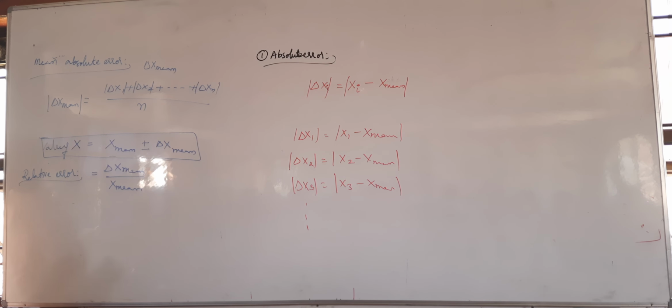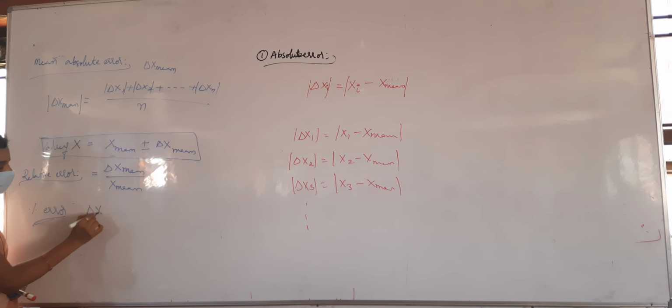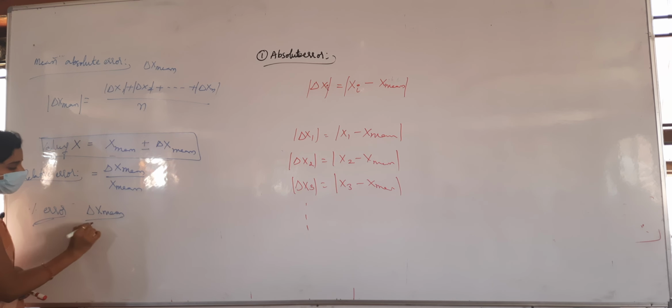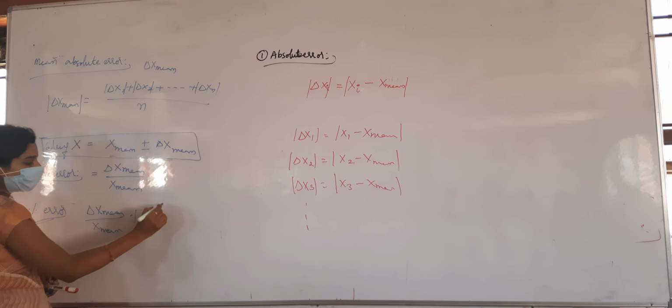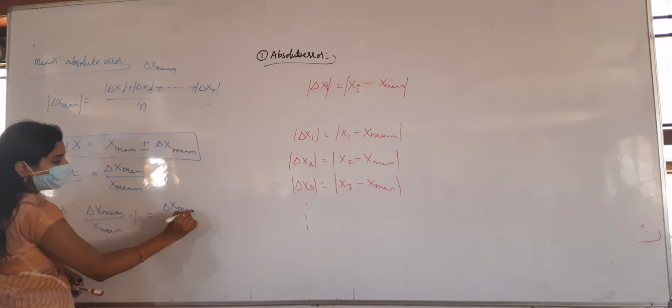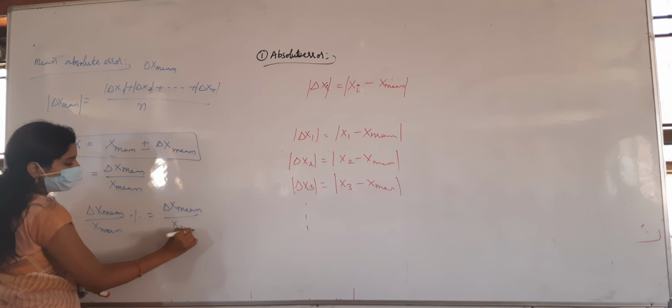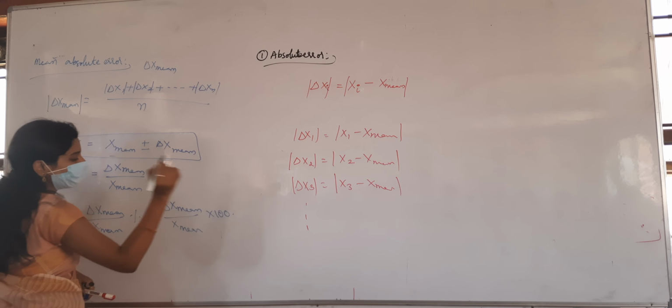From relative error we get one more concept, known as percentage error. The percentage error is delta x mean by x mean, multiplied by 100.